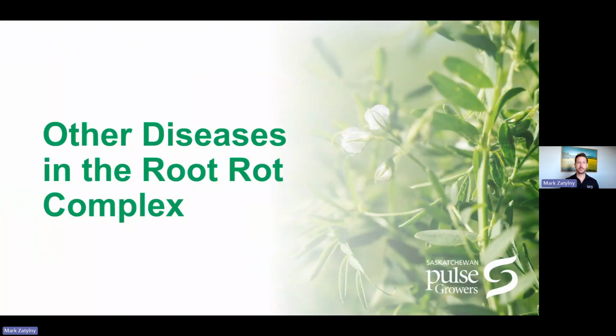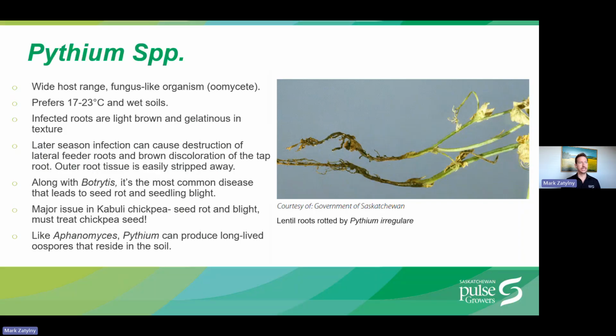As this is the root rot complex, outside of Fusarium and Aphanomyces, there are a couple more players in the game here. The next one is Pythium. This one prefers it a little bit cooler, but still in very active growing temperatures for the crop. They again like that wet soil.